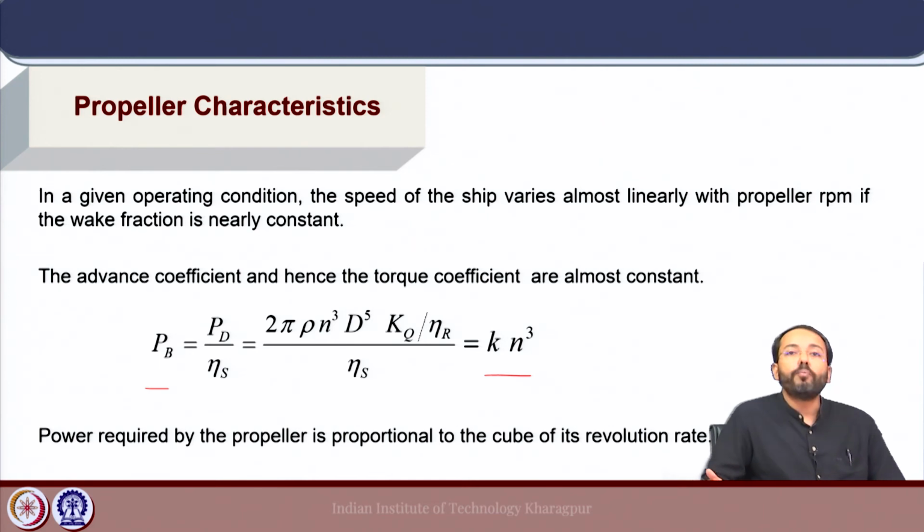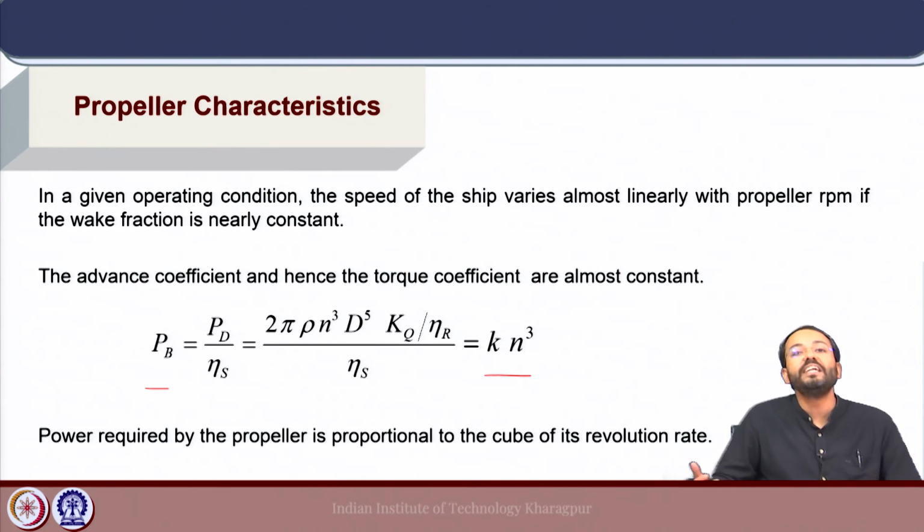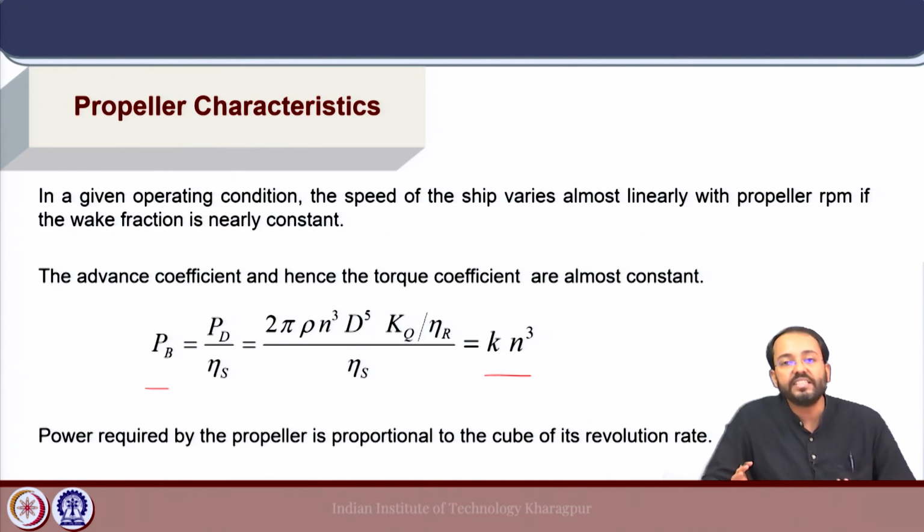Now, what is the logic behind this and what are the implications? For a particular operation condition, it is observed that the ship speed is almost linearly varying with the propeller RPM, if we take into consideration that the wake fraction is almost constant for a specific operation condition. Now, the advance coefficient and also the torque coefficient are almost constant for a specific operation condition.